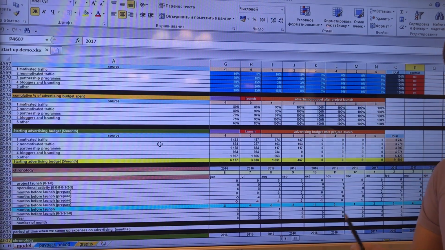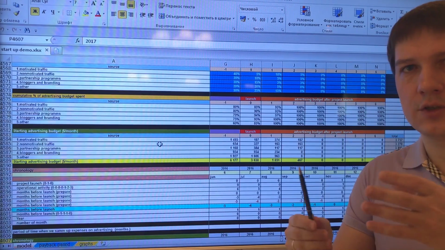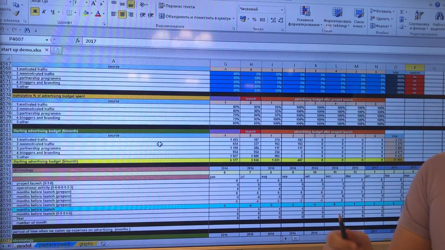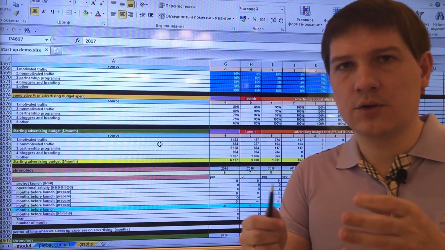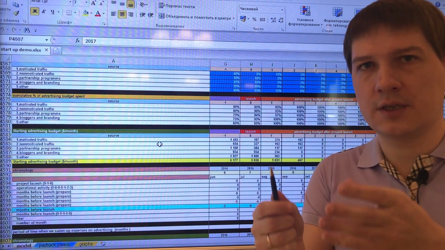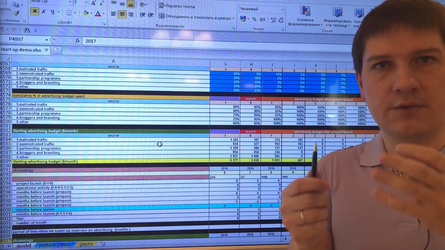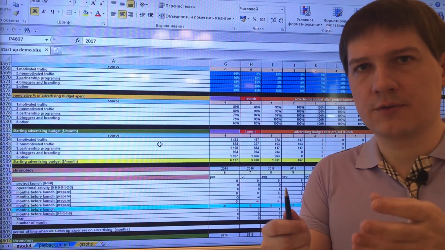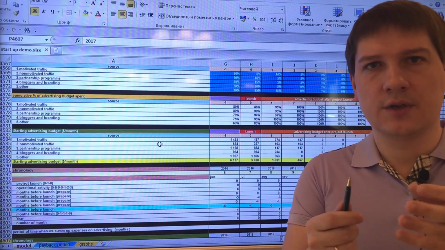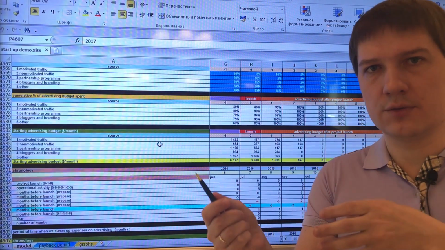And as a result, you will see more clearly when you need additional money for advertising, because many entrepreneurs don't see the real amount of money they need to invest in advertising. They think they can invest this money from profit, from revenues, but in reality they first have expenses on advertising, and only afterwards they have revenues.